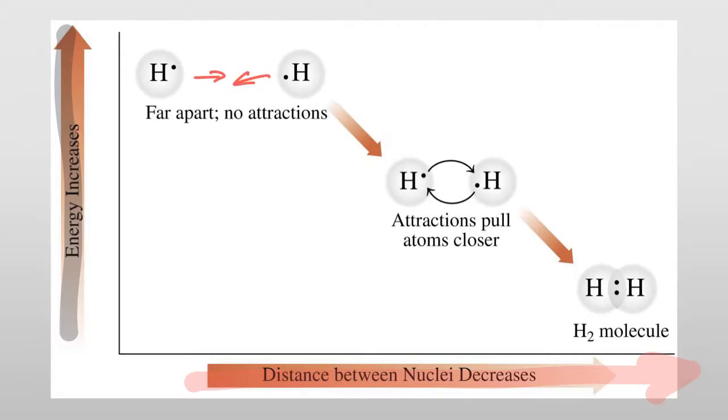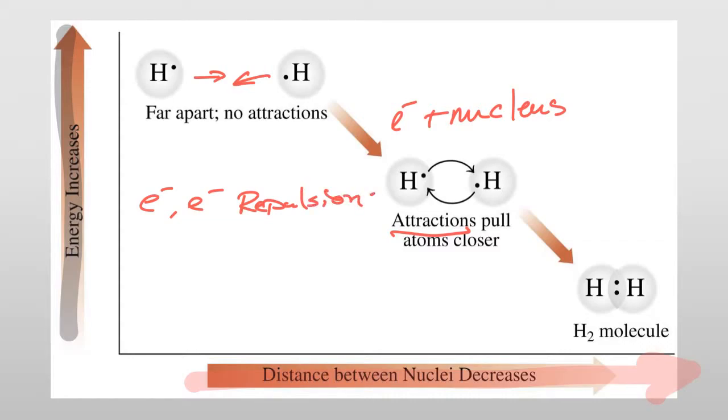Eventually they get close enough where the electron and nucleus attractions are strong, and they're stronger than the electron-electron repulsions between the 2 atoms, so electrons from one atom repelling electrons of the other atom, and the nucleus-nucleus repulsions between the 2 different atoms.